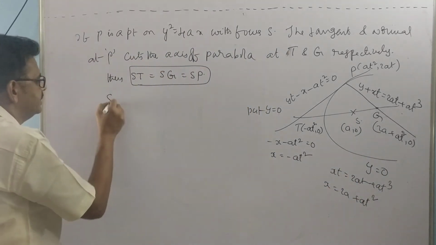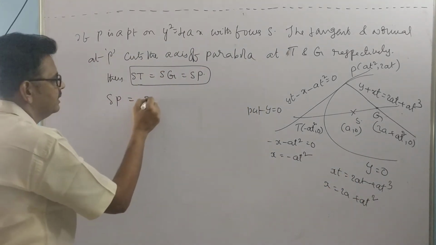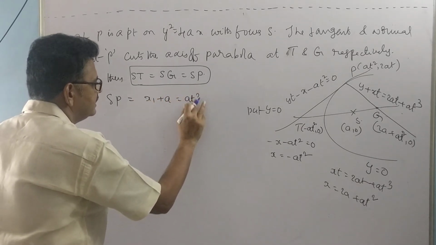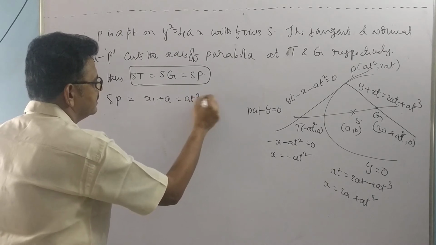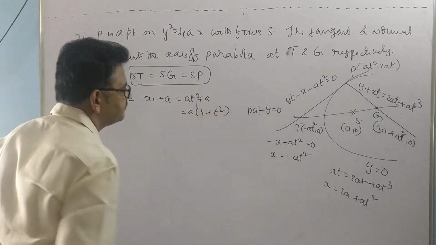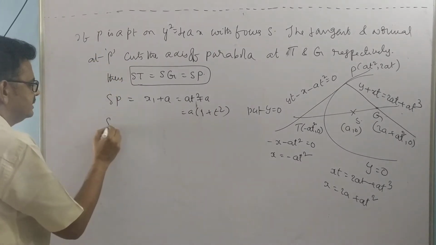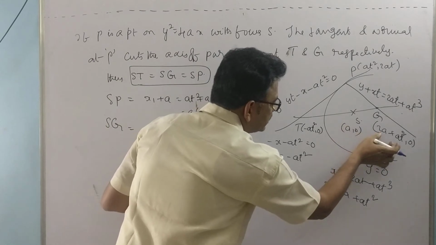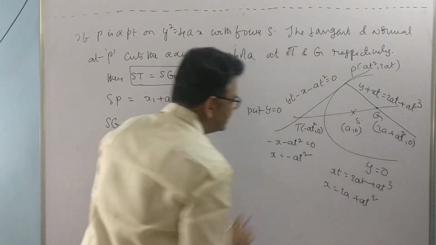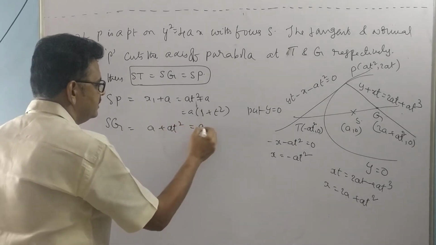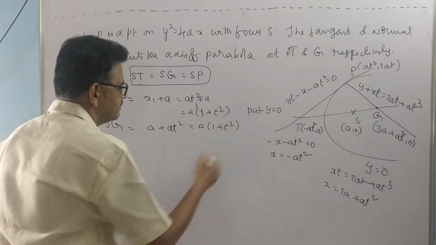Now SP is equal to, the same as the formula x1 plus a, that is at square plus a, which is a into 1 plus t square. Next SG is equal to, SG means the distance between these two, 2a plus at square minus a, that is a plus at square, a into 1 plus t square.